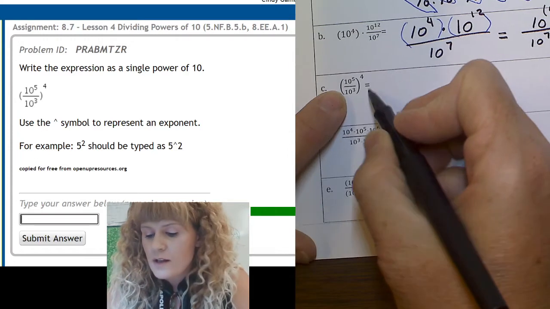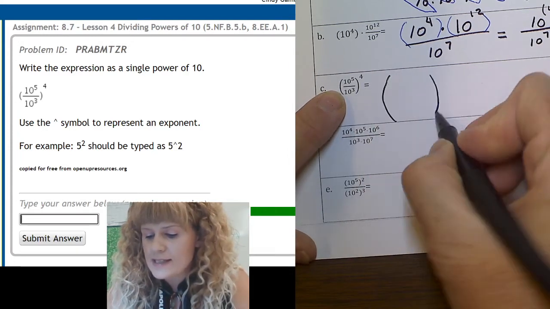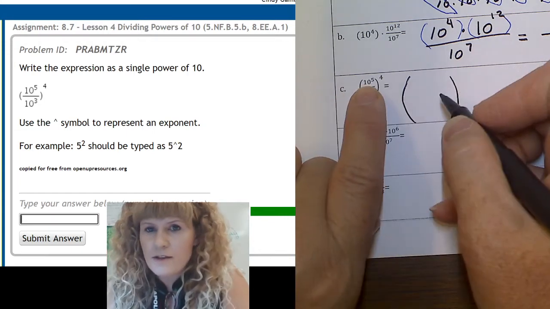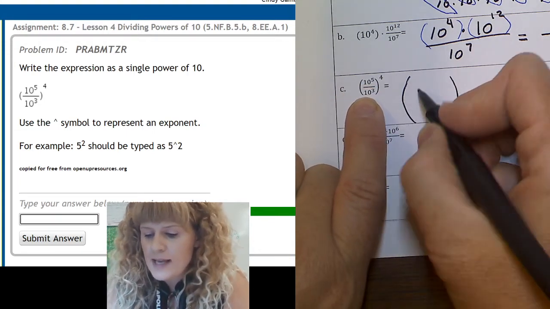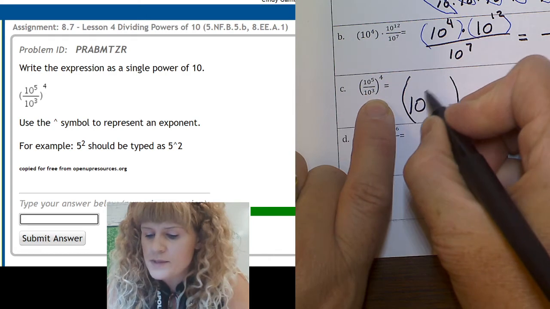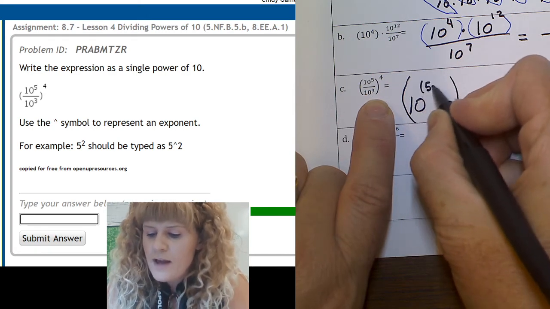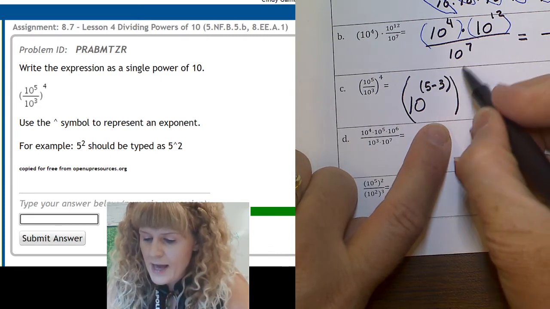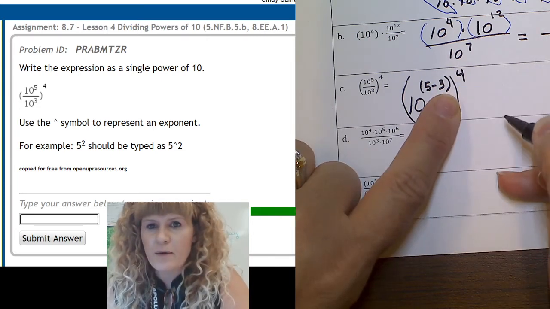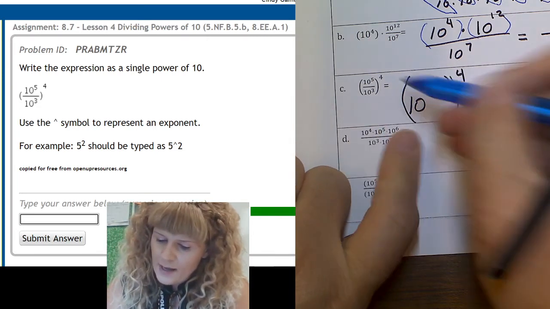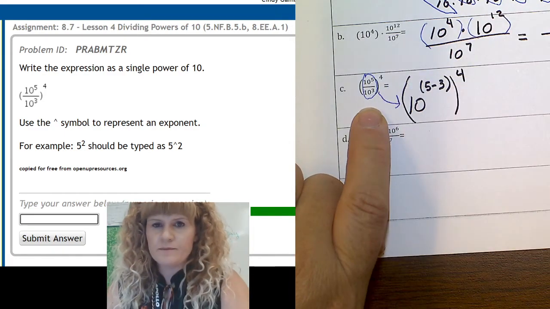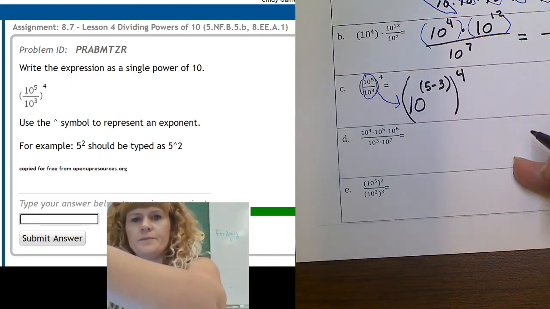Okay, first, let's start with what's inside the parentheses. 10 to the 5th power divided by 10 to the 3rd power equals 10 to the power of 5 minus 3. And all of that is raised to the 4th power. Do you see how I got this? I just started here and I did that division. I used the quotient rule.